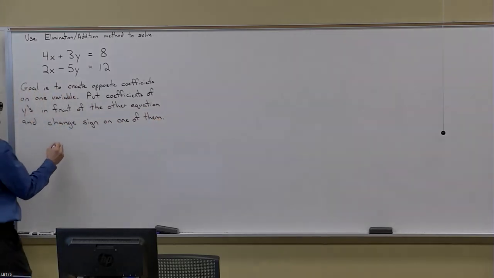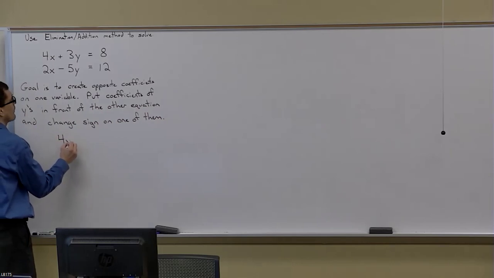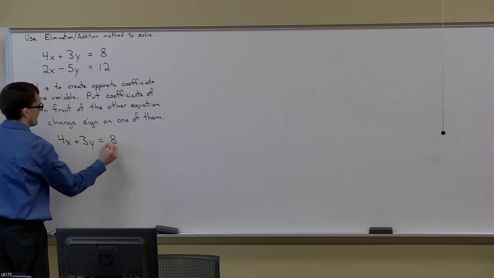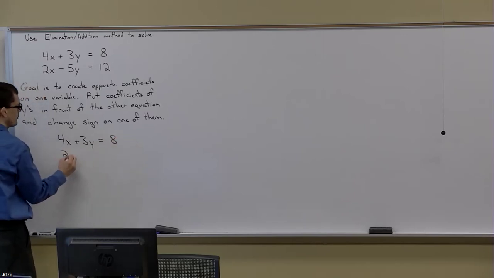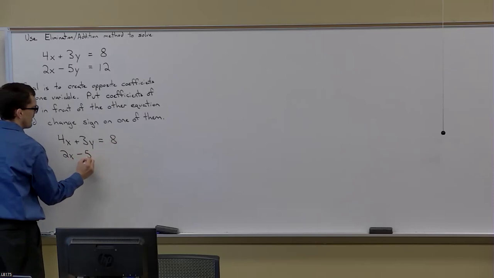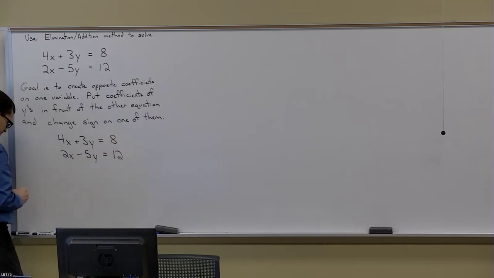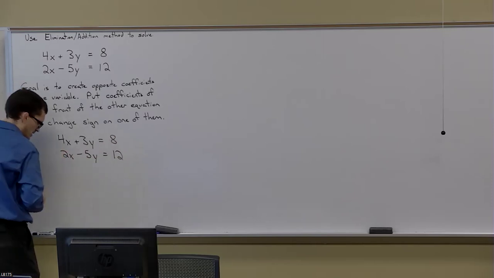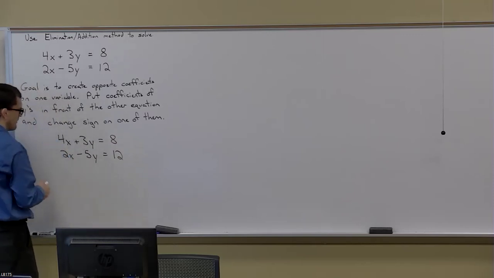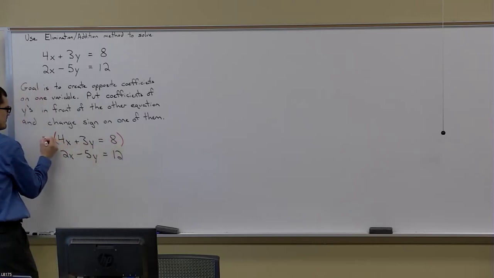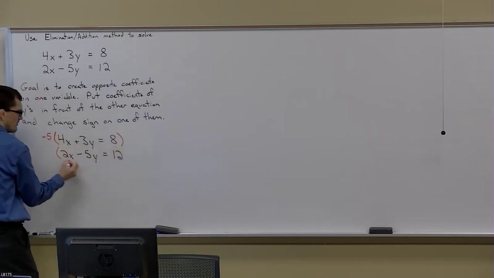Let me explain what I mean here. I take 4x plus 3y equals 8, and 2x minus 5y equals 12. I'm going to put a 5 in front of the first equation because of that -5.